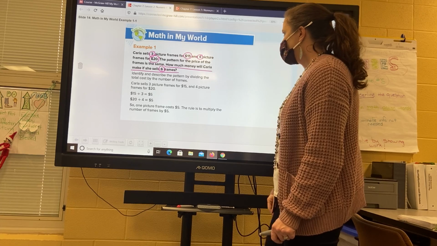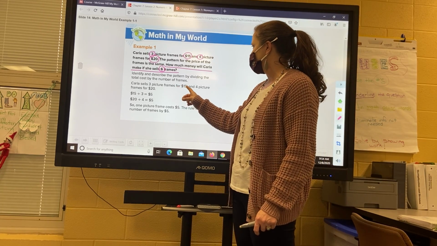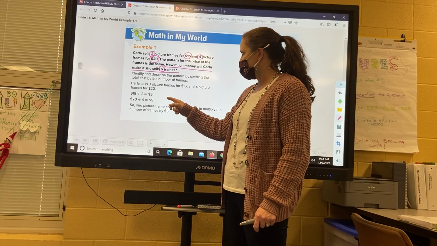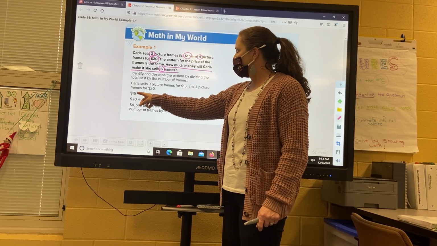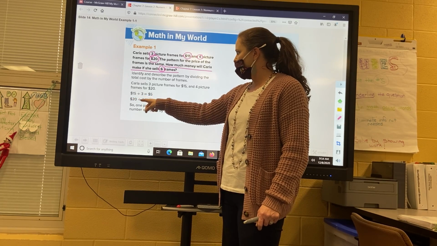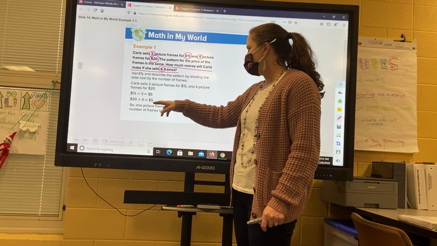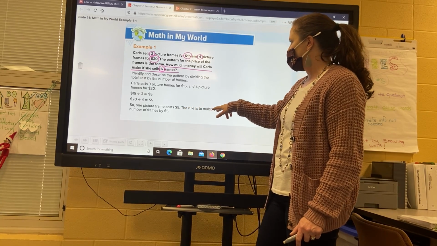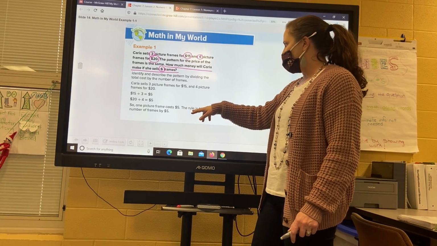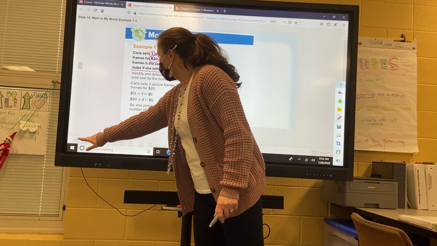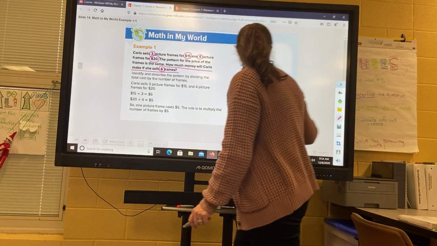Carla sells 3 picture frames for $15, 4 picture frames for $20. So 15 divided by 3 is $5. 20 divided by 4 is $5. So 1 picture frame costs $5. So the rule is to multiply the number of frames by $5.